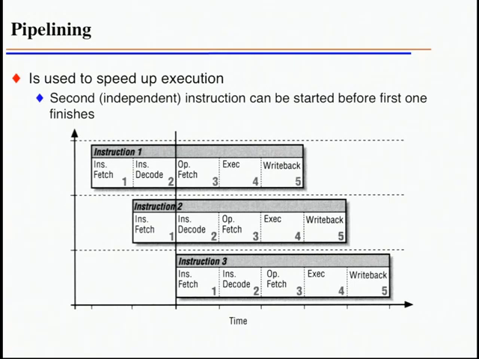Then a rather essential part in modern CPUs is pipelining, which is used to speed up the execution of code. So in general, a CPU needs several cycles to process one instruction you gave it. So that would be rather slow if it first needs to get one instruction.